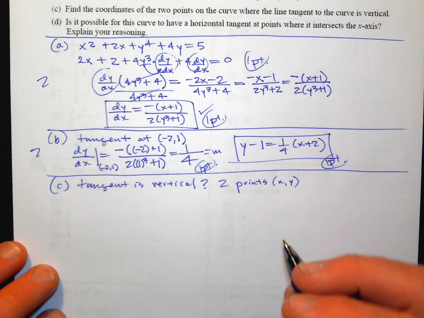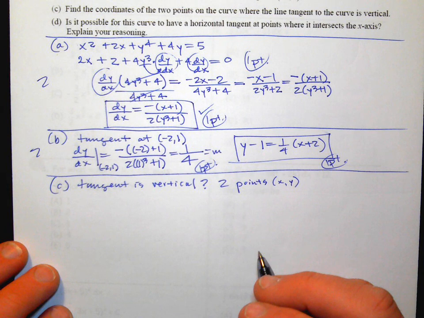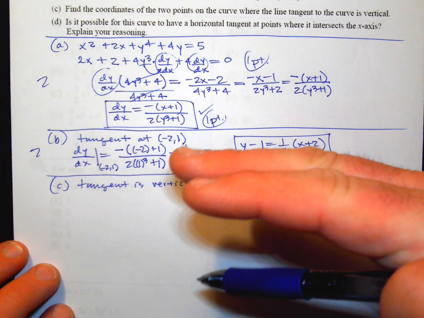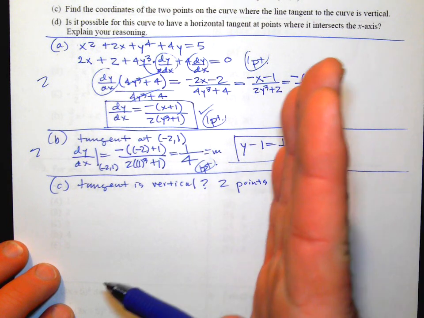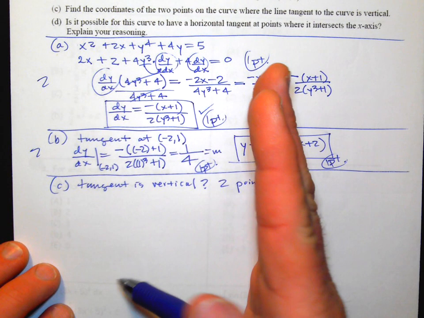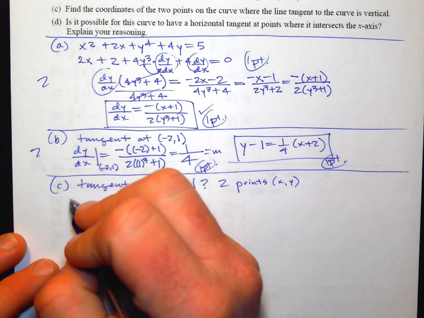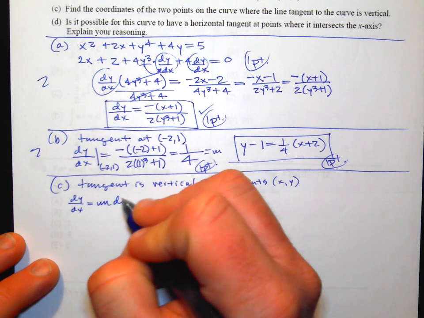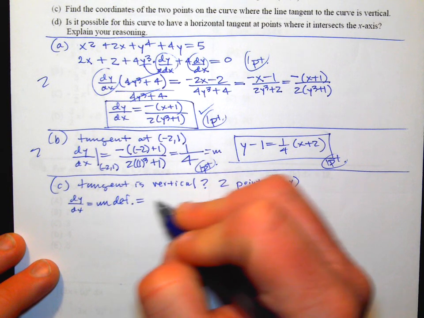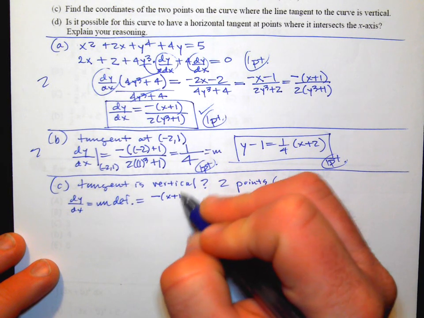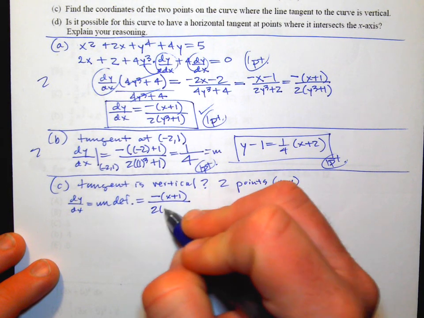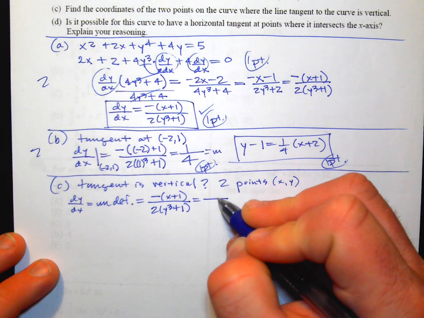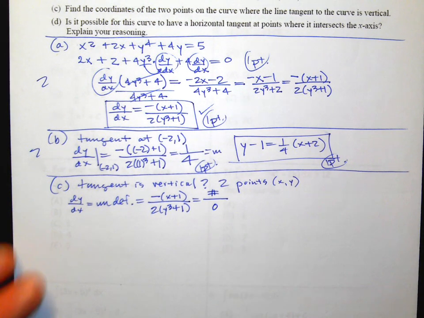How do we find when a tangent line is vertical? How do we find when a tangent line is horizontal? Horizontal tangent lines are flat, their slope is 0. Vertical tangent lines are straight up and down, their slope is infinitely steep, which is going to come when dy/dx equals undefined, right? So we need to make the slope undefined, which is going to come from something divided by 0.